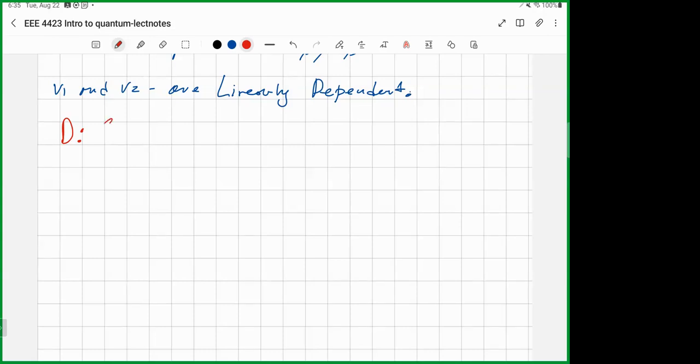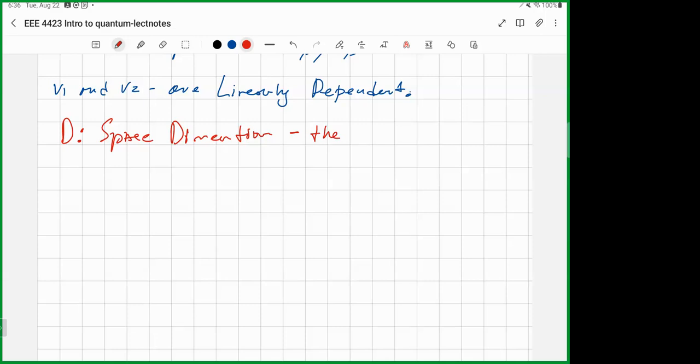Space dimension. How do we define space dimension? The space dimension is the number of linearly independent vectors that this space contains.